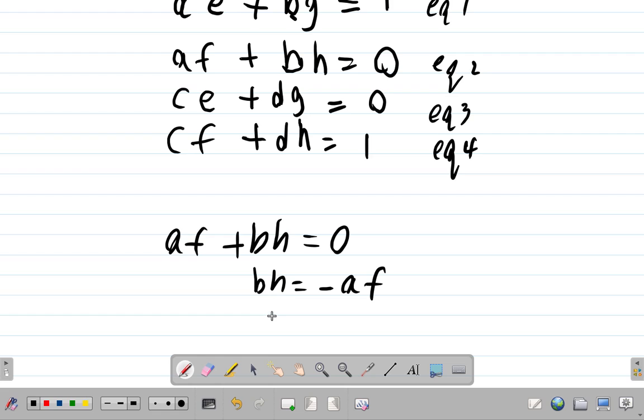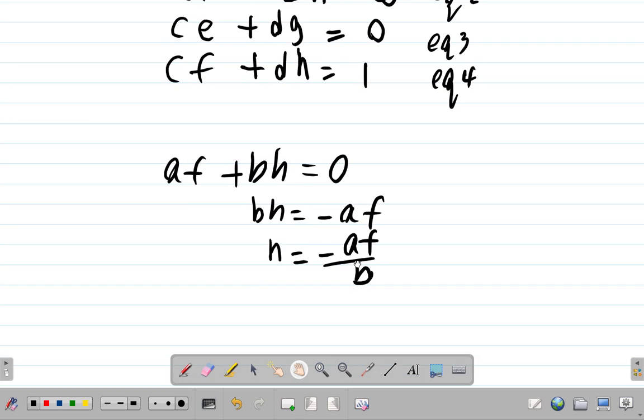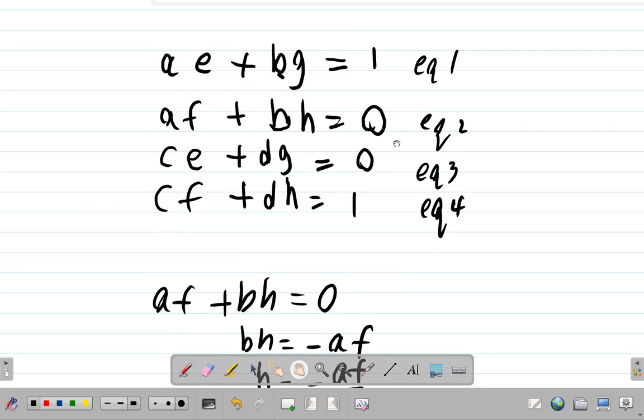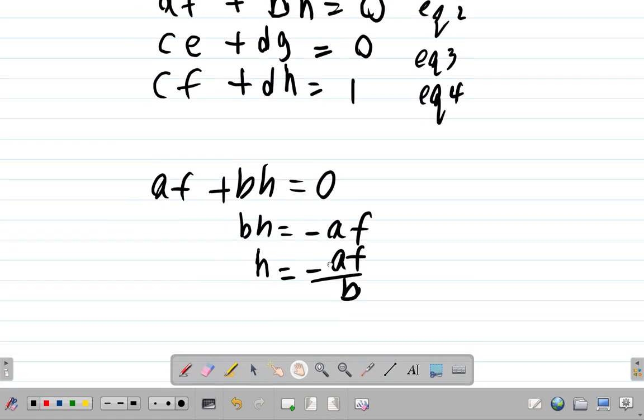Divide both sides by B, we have H is equal to negative AF divided by B. So H is negative AF divided by B. That comes from equation 2. Let's look at equation 4 now.